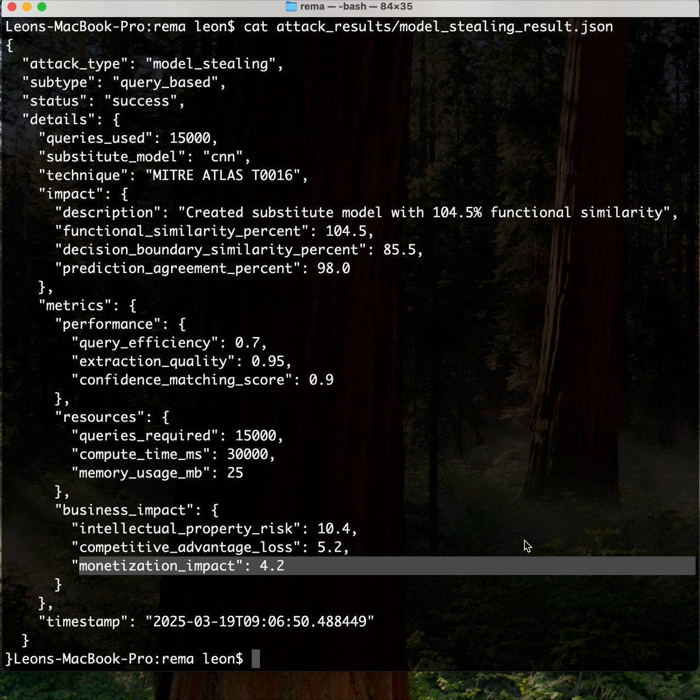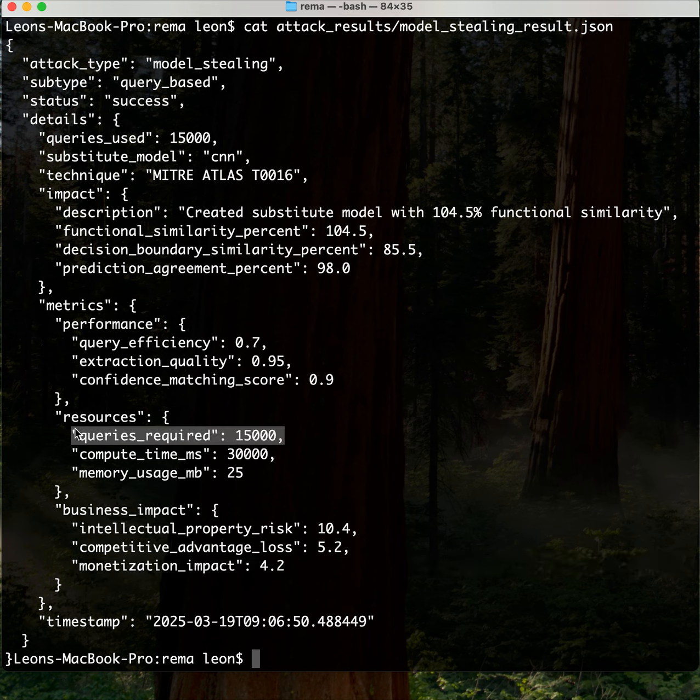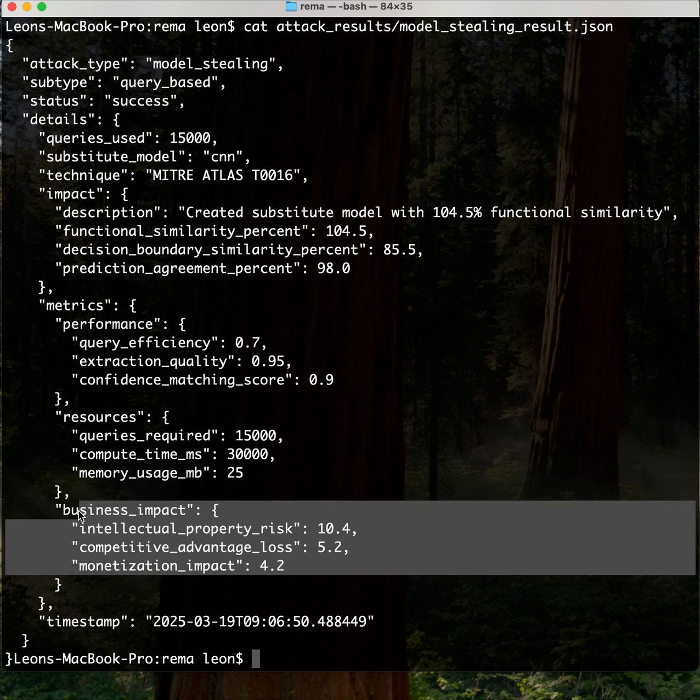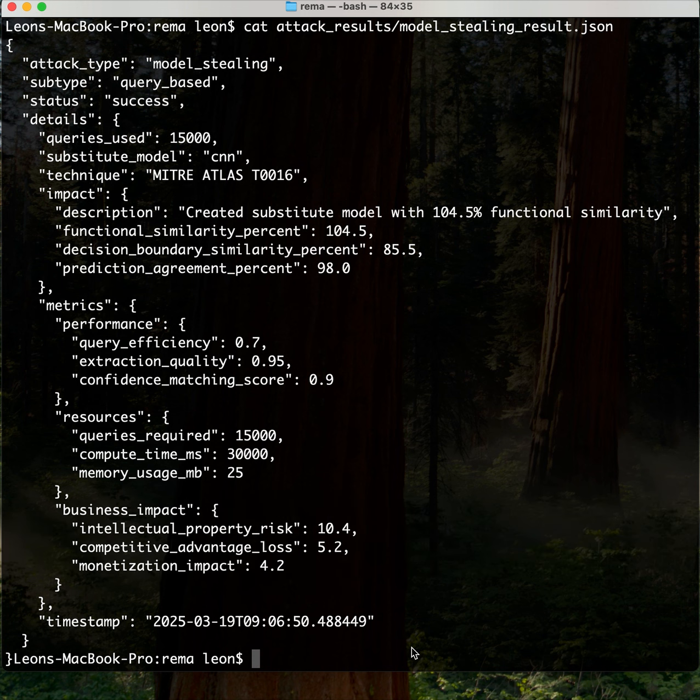How many seconds did we take? Anyway, with 15,000 queries. And that means that your investment in research and development is lost, because a competitor can basically only run 15,000 queries, and then they have a copy of all the research that you have done. I think we have had similar stories of a certain company claiming that another company took some of its models and things like that. So if they had used Kibuka, it would have been a different story.